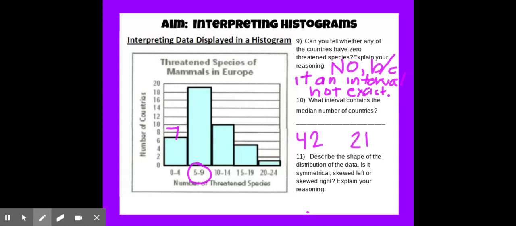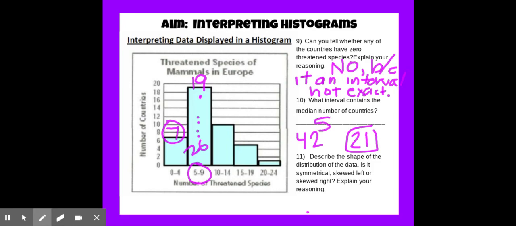So where would be the 21st piece of data? Well, we have 7 countries represented here and 19 countries represented here. And all together, that's 26 countries. So 21 is going to fall in here because it goes 7, 8, 9, 10, 11, 12, 13, 14, 15, 16, 17, 18, 19, 20, 21. We would reach 21 in that interval.